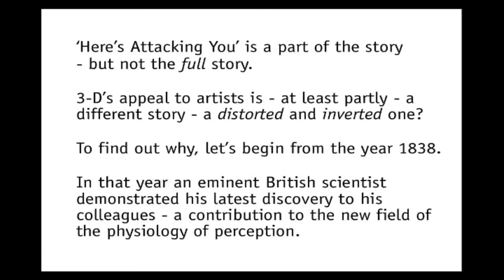Now, there had been ideas before. Even Leonardo da Vinci, in his famous notebooks, refers to the idea that the picture that our left and our right eye see is slightly different. So this phenomenon was known, but it wasn't really pulled together within a scientific context until 1838.